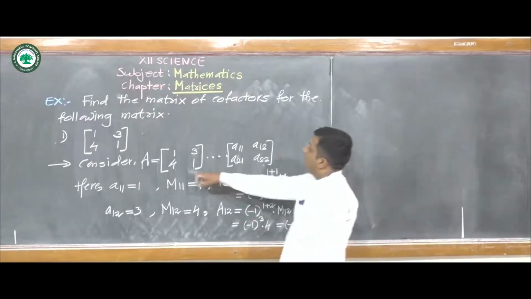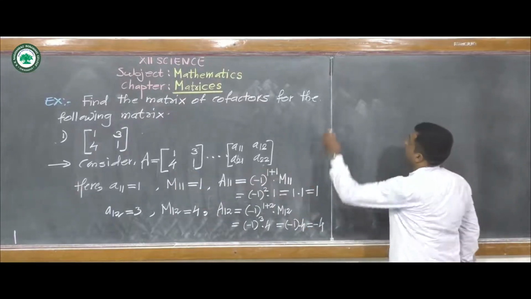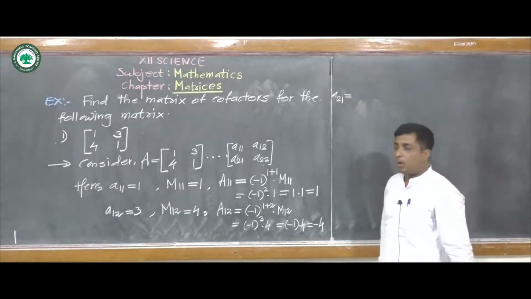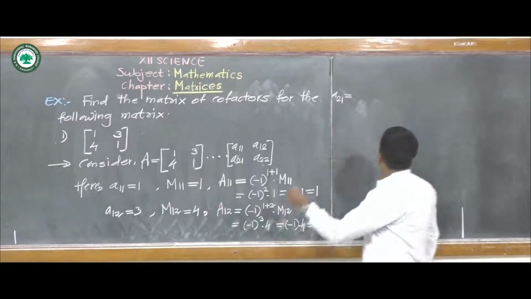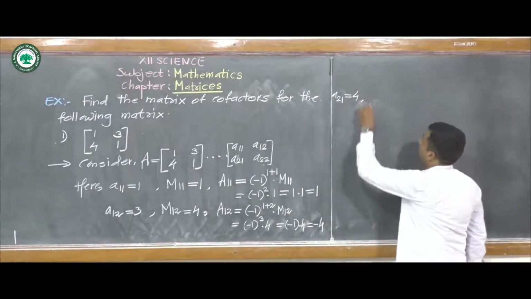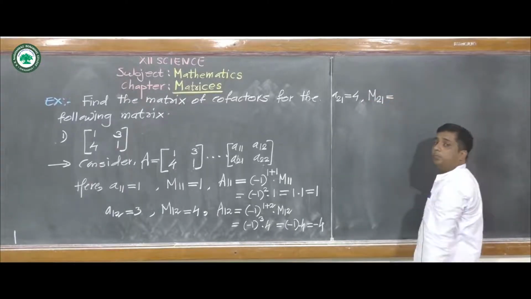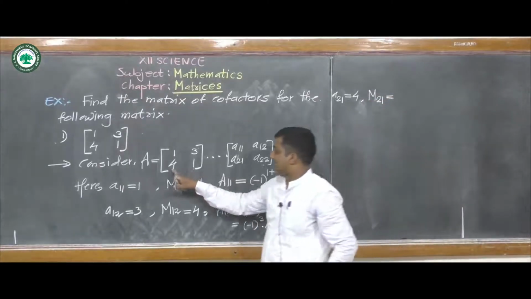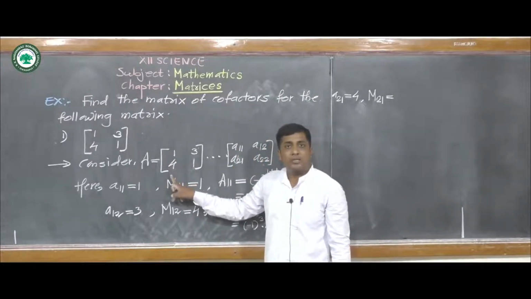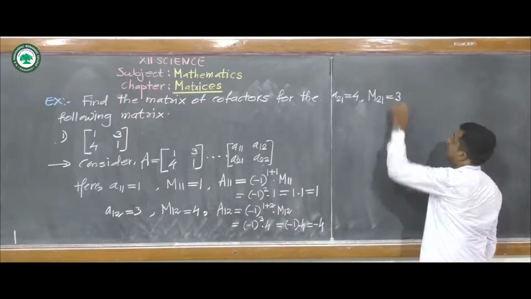Similarly, we find the minor for A21. Here the element A21 is 4. The minor for this element is M21. We know this element is in the second row and first column, so we delete the second row and first column. Only 3 remains.